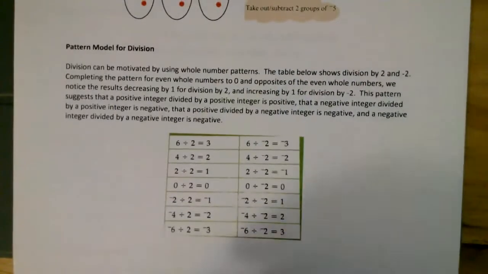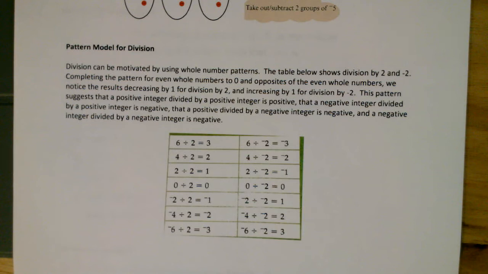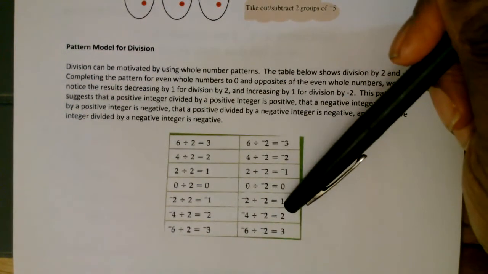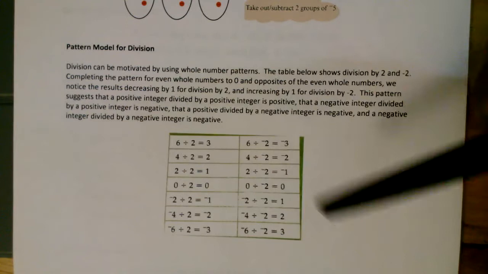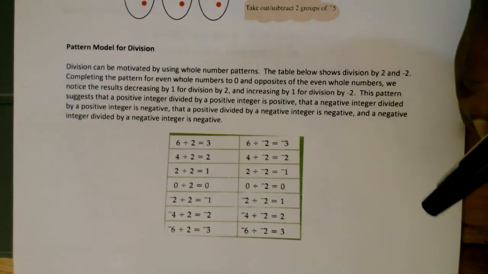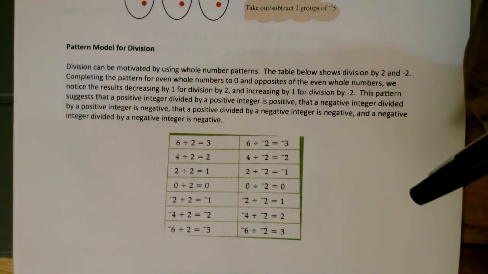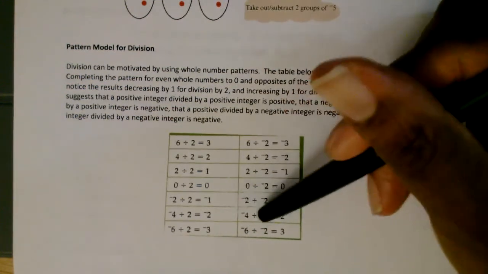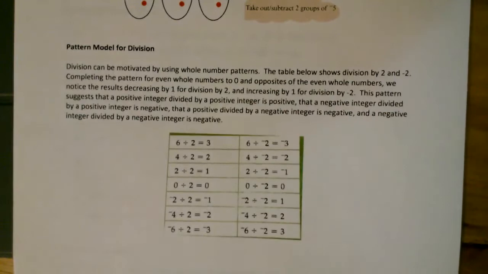Now, it does follow the fact that if you divide integers with like signs, you're going to get an answer as a positive. Or if you divide 2 integers with unlike signs, it's going to be negative. Divide 2 integers with like signs, it's going to be positive.